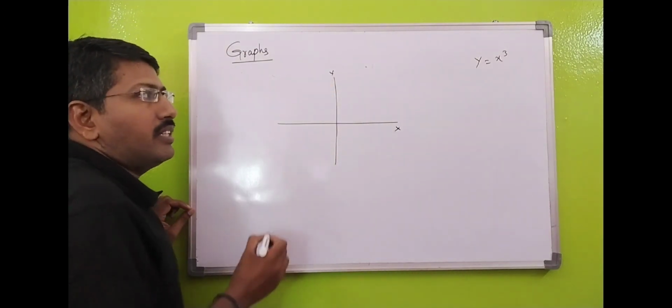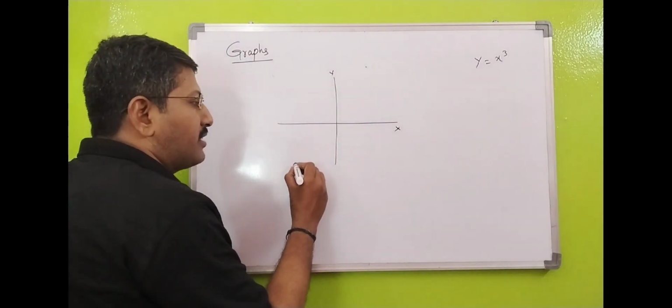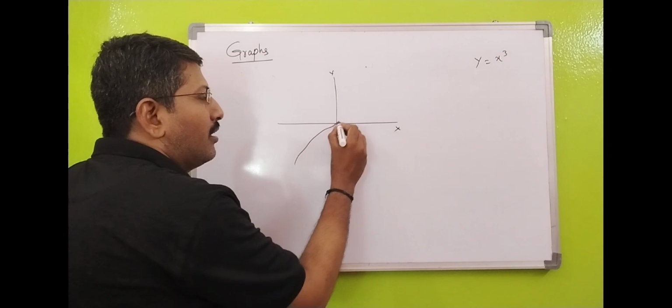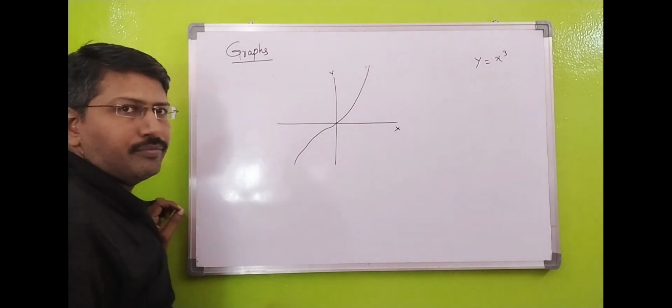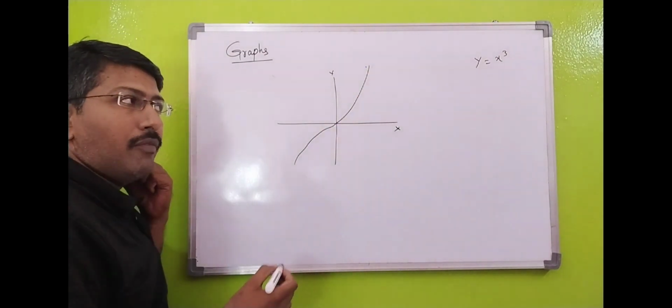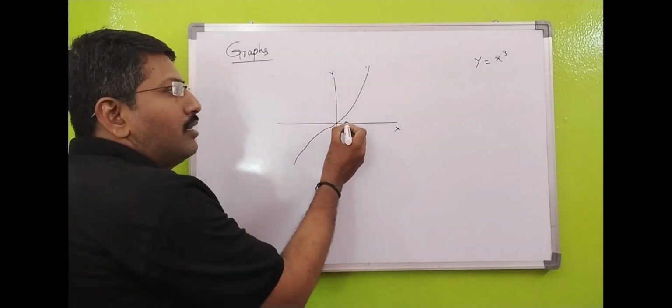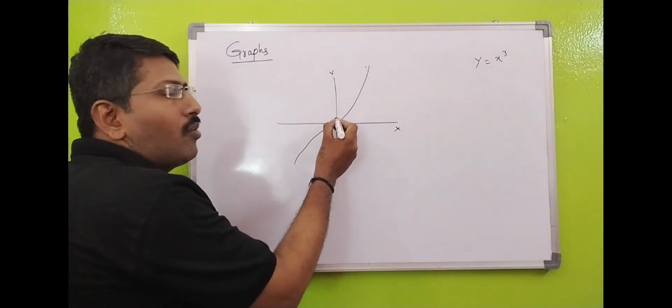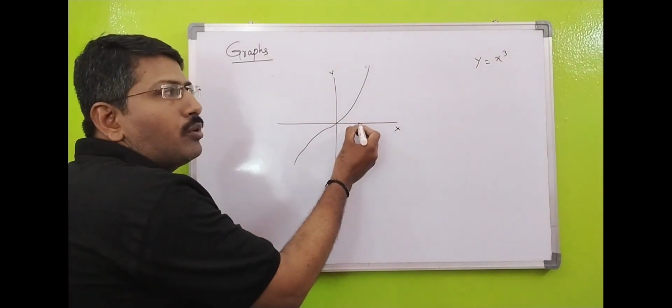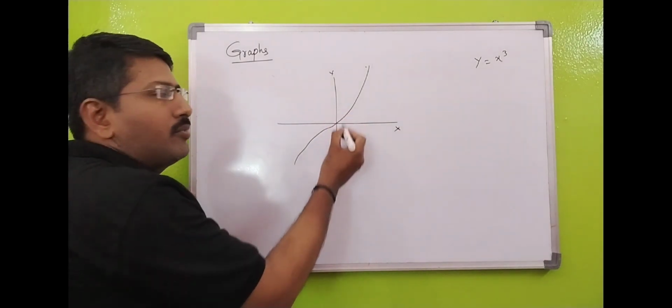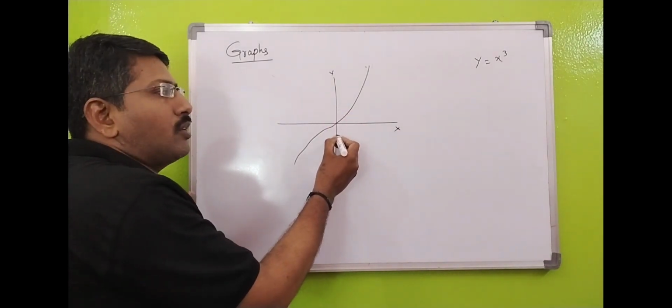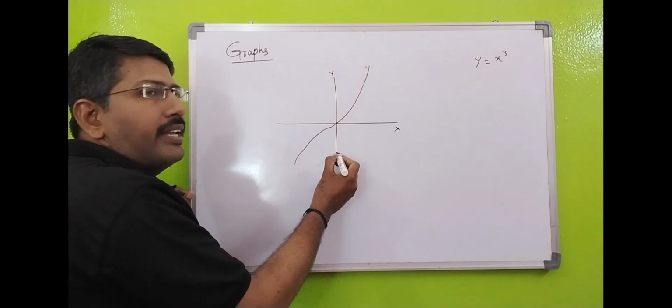The nature of the graph is like a tan graph. For example, if you take x is equal to 1, at the same time y equal to 1, x is equal to 2, y equal to 8. Here also you will get x is equal to minus 1, y minus 1, x minus 2, y minus 8.